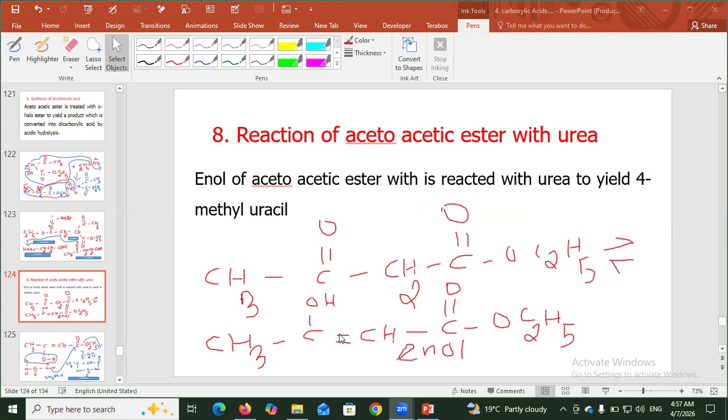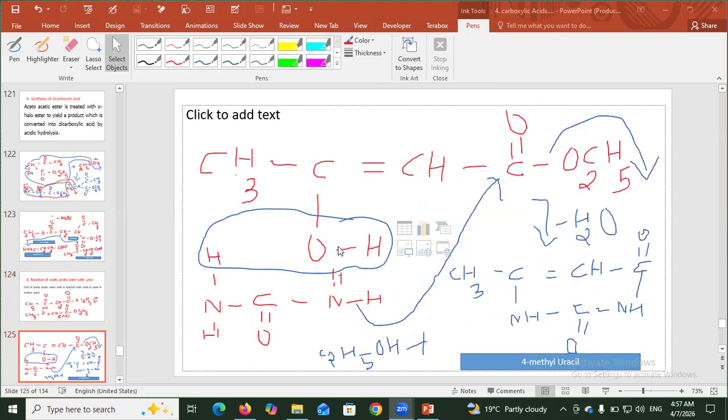This is the enol of acetoacetic ester, which is treated with this reagent, and this hydroxyl group and this hydrogen.